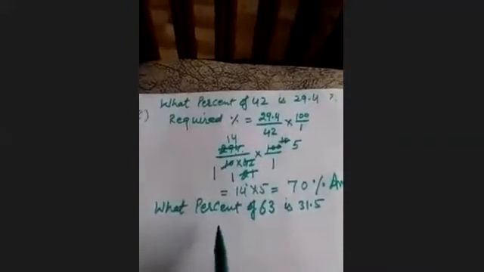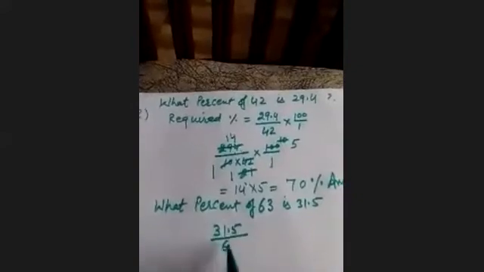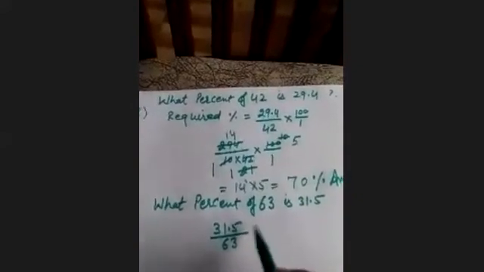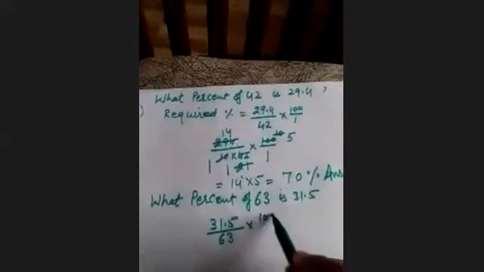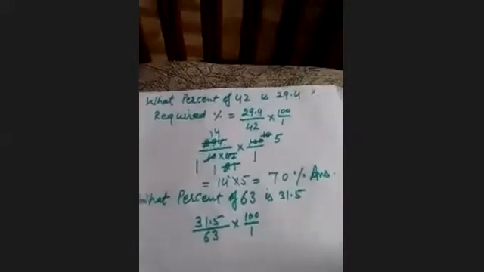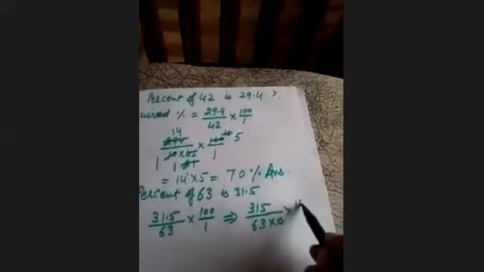Now same, students, 31.5 upon 63 into 100 upon 1. Now students, remove this decimal. 315 upon 63 into 10. 10 times 10 is 100.